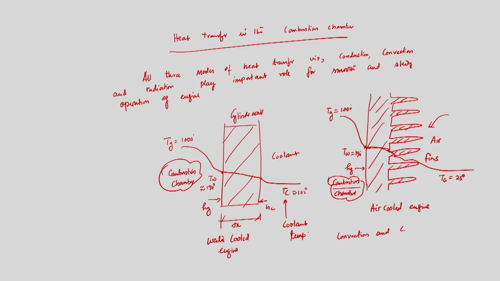So, in case of a water cooled engine or air cooled engine, convection and conduction, these two are the main heat transfer modes to remove heat from the combustion chamber.